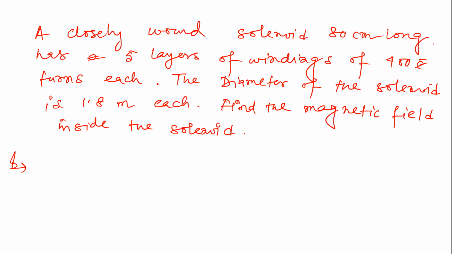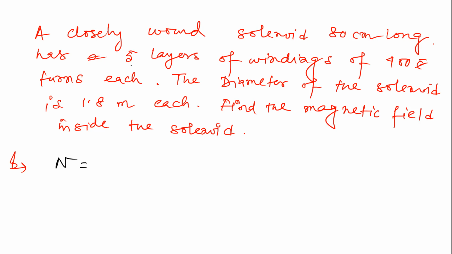So what are the things given in this question, at first we need to write it down, right? What is given in this question is the number of turns. So in this case, the number of turns we have to write down. How many turns are there?